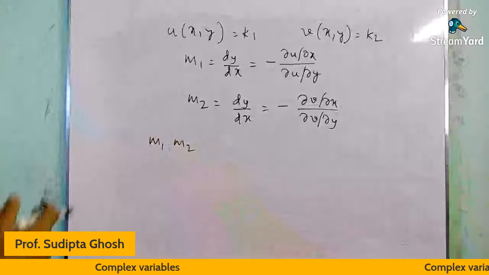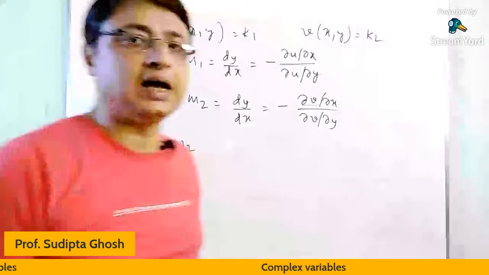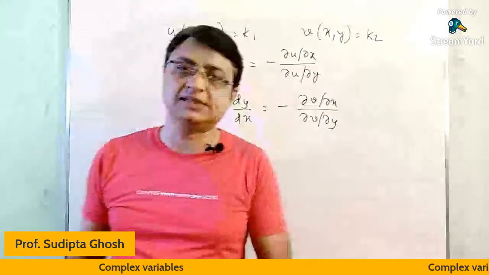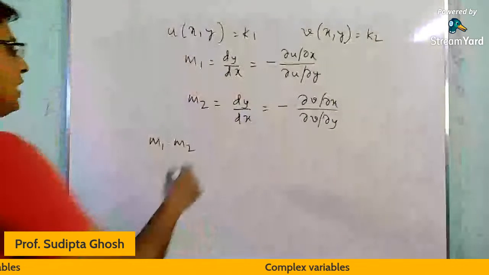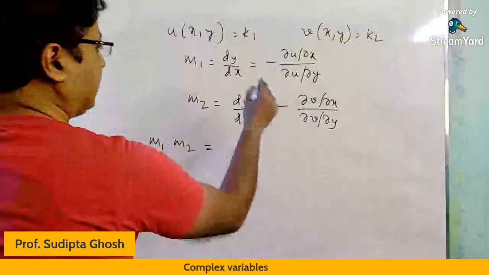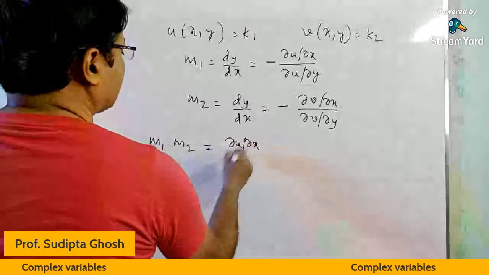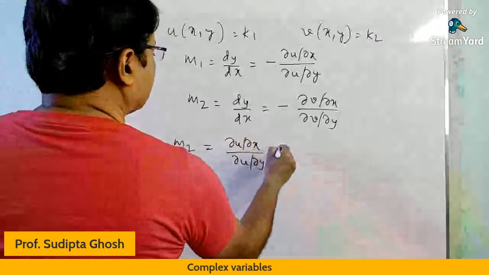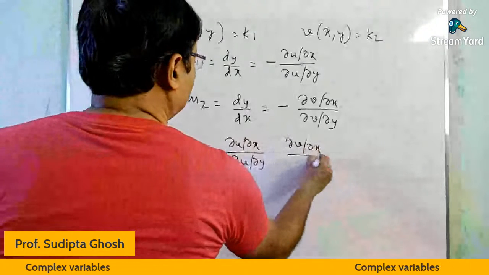Since u and v are the components of the analytic function, they must satisfy the Cauchy Riemann equations. So the product is minus minus plus del u del x by del u del y dot del v del x by del v del y.